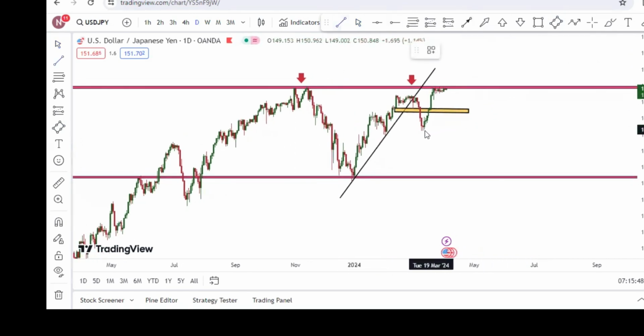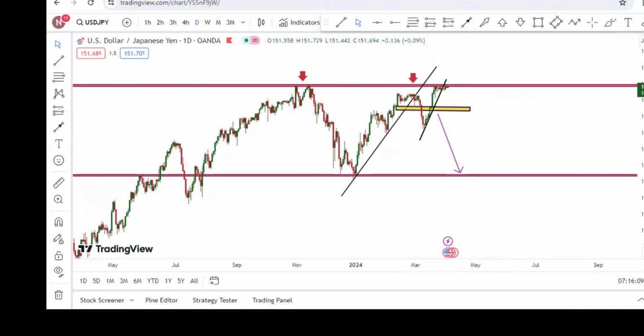And as you see, this is where I drew my counter trend line, and I was expecting a sell from here to the downside. So this is what I was expecting to happen on this pair.